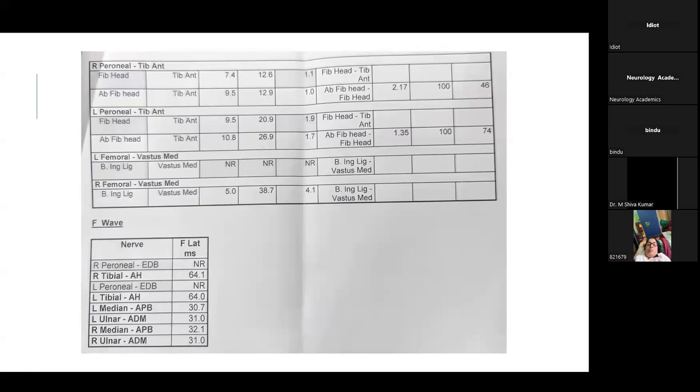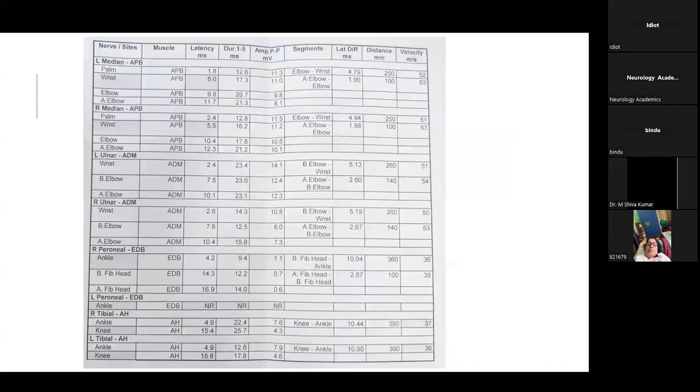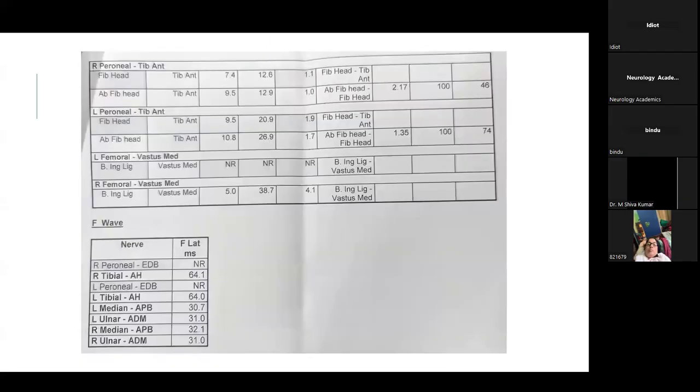What is the evidence to say that this process is not radiculopathy? Ulnar is spared. Upper limb is spared except for possible CTS, which is also covered by the median nerve. Proximal involvement is there in the femoral.